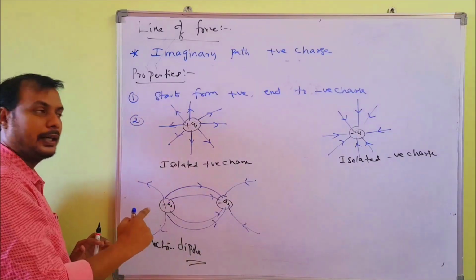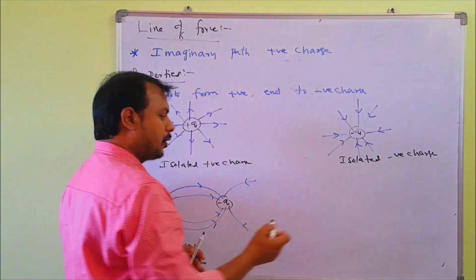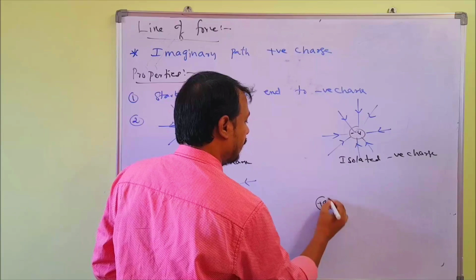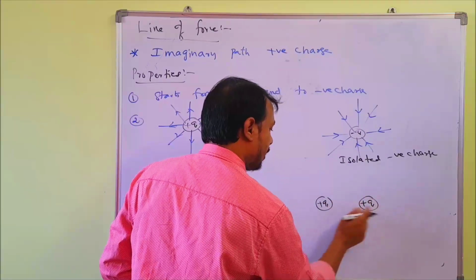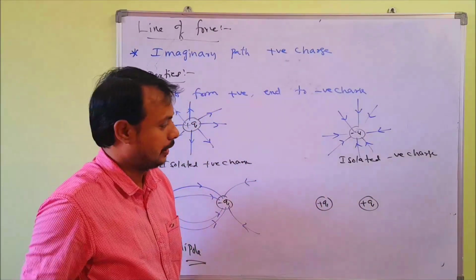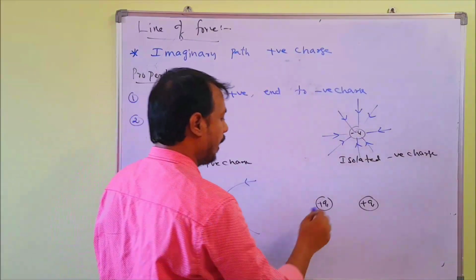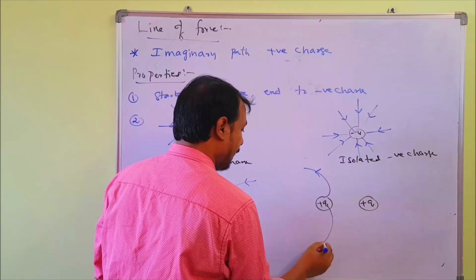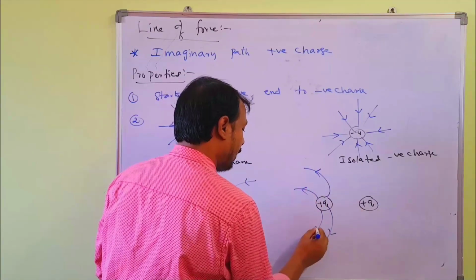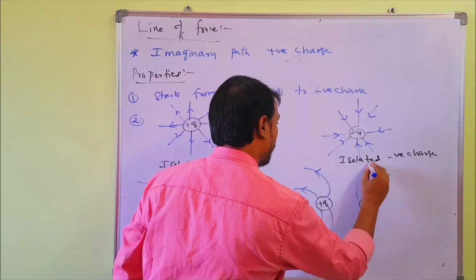If the same charges are placed a certain distance apart, two equal charges, plus Q and plus Q, like charges, then what happens? The lines of force repel each other, so they should be radially outwards like this.